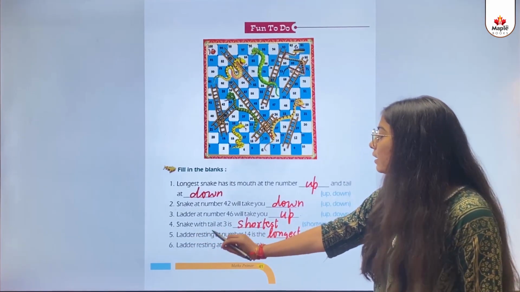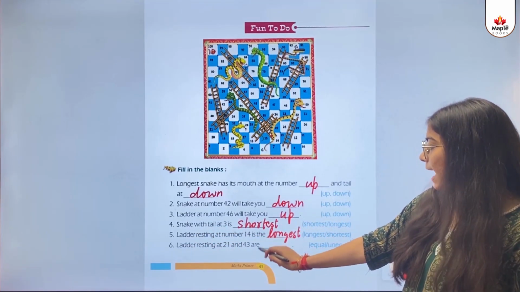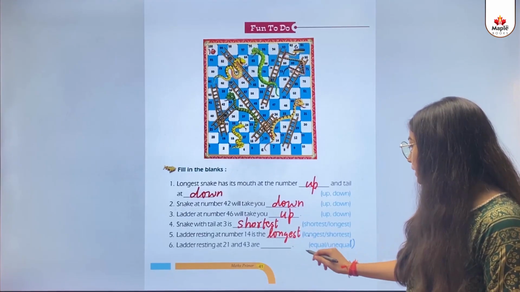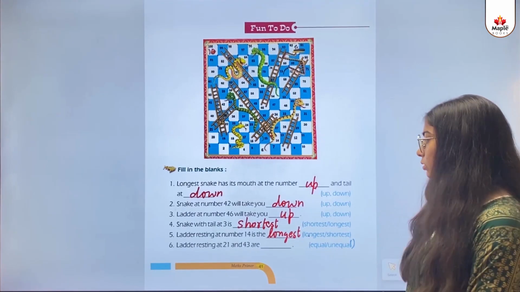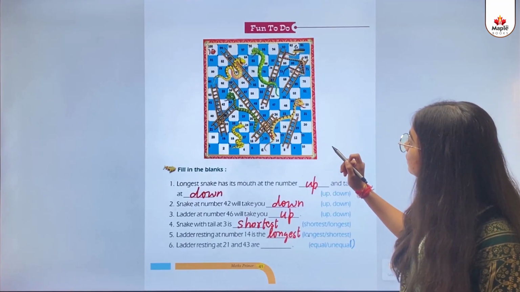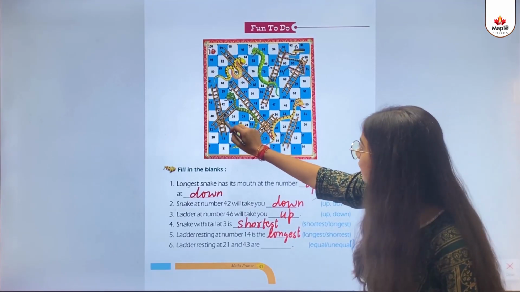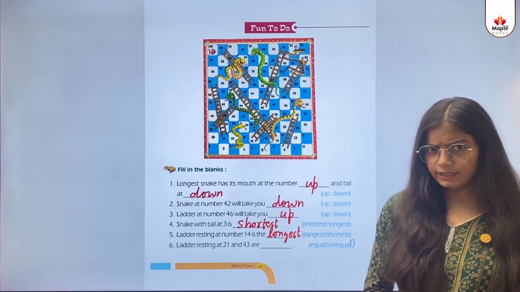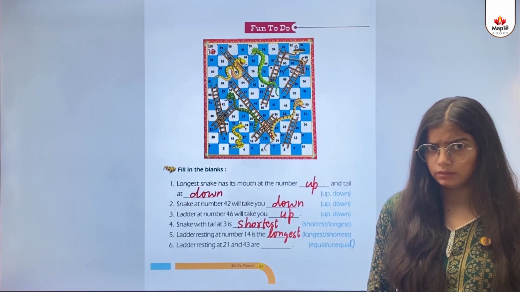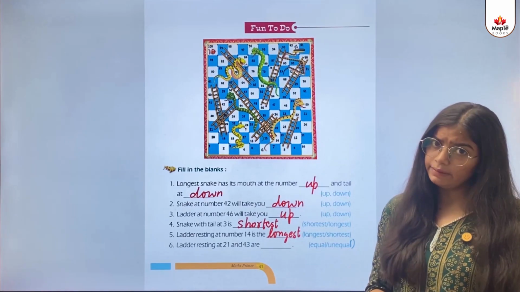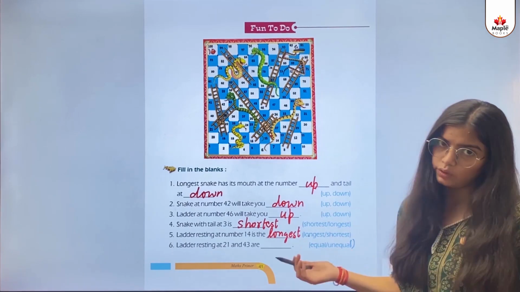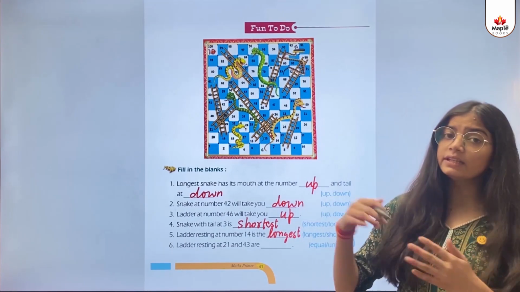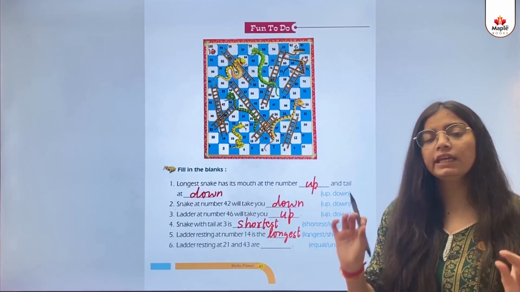Sixth, ladder resting at 21 and 43 are dash, equal or unequal. So where is the ladder that lies on 21 and 43? This one. Is it equal or unequal? This is the same ladder. So what we write here is equal. Clear?